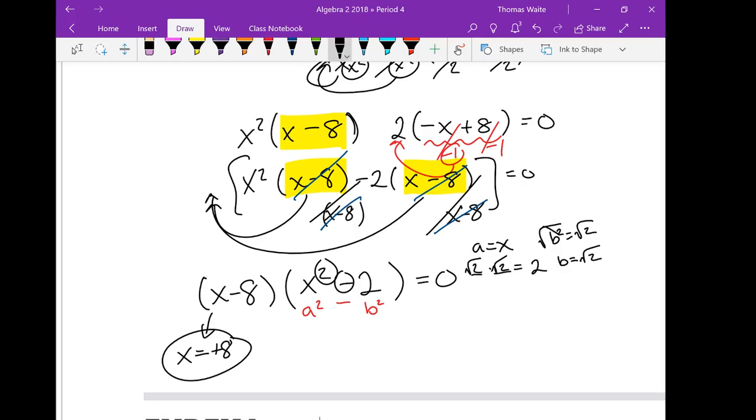Actually, it's plus minus, but we don't really worry about that because when we plug it in our formula, it doesn't matter. So it's going to be a plus b and a minus b. That's kind of a new one where we didn't have a perfect square in our difference of squares, but we know that square root of 2 times square root of 2 does still give us 2. And that gives us two simple solutions. X is going to be the negative square root of 2, or x is going to be the positive square root of 2.